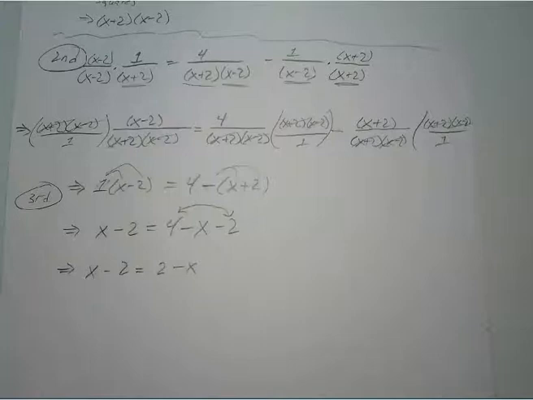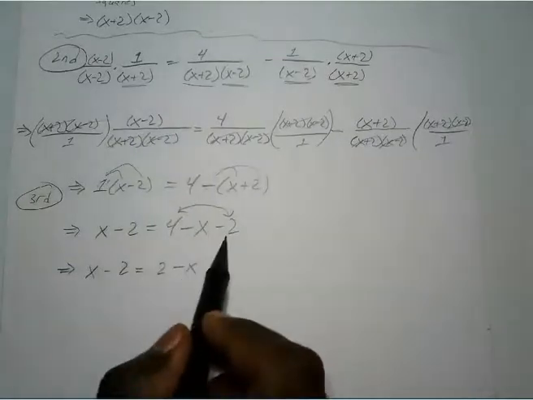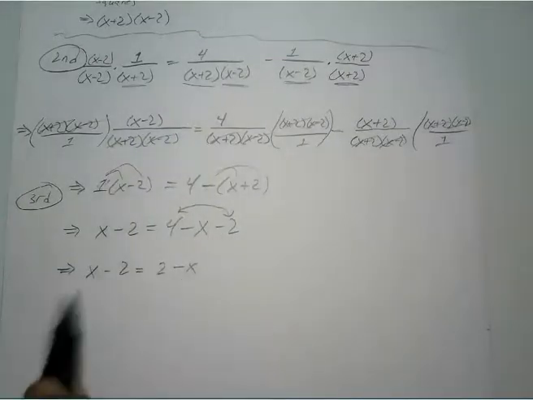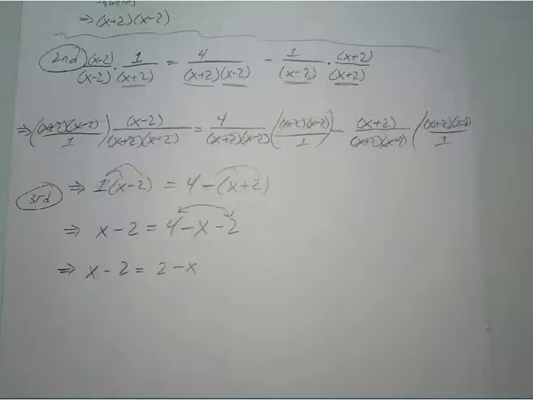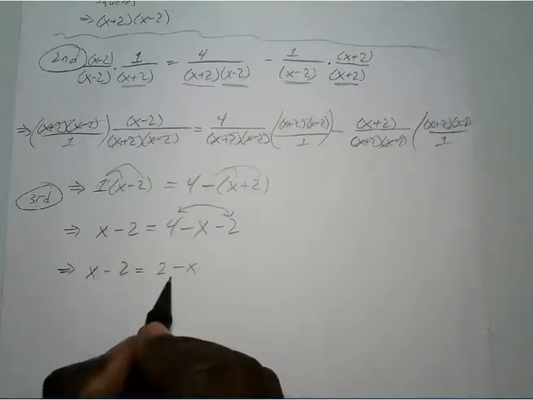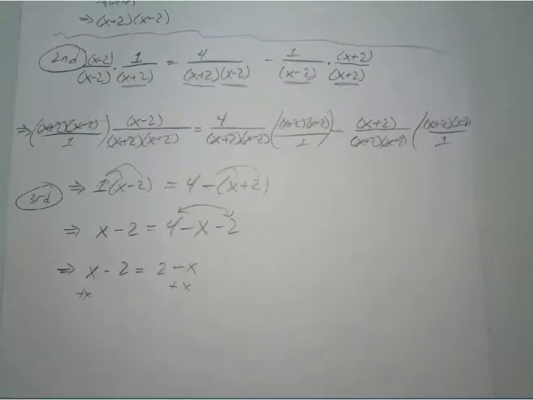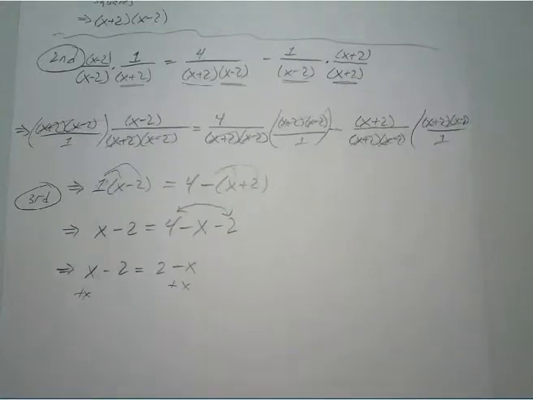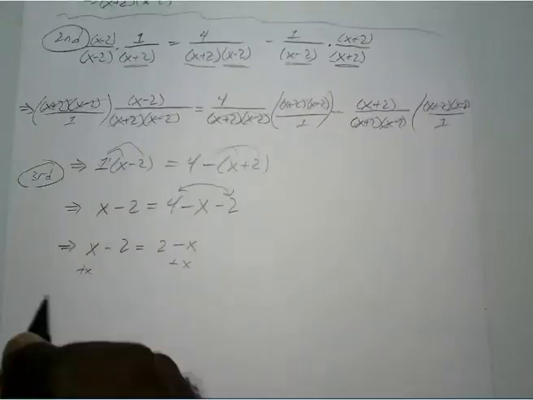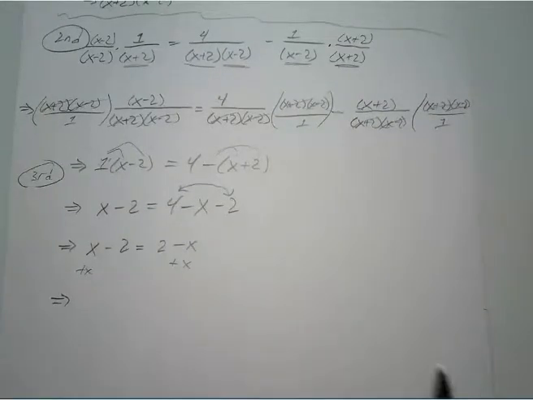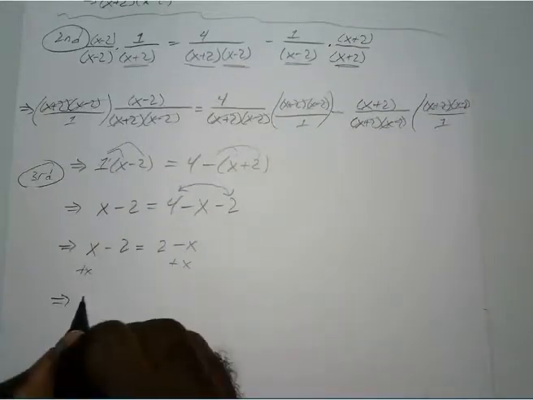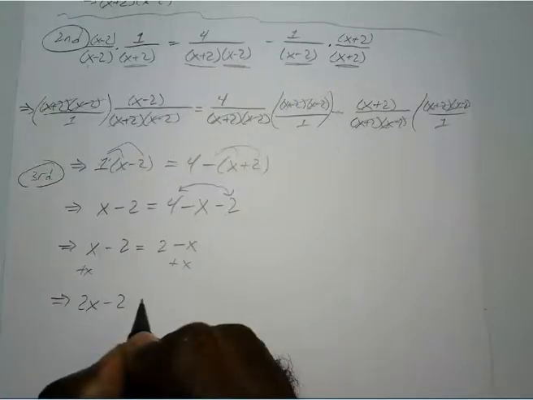So we're going to still combine those two. So I have x minus 2 equals 2 minus x. If we add x to both sides, then that gives you 2x minus 2 equals 2.